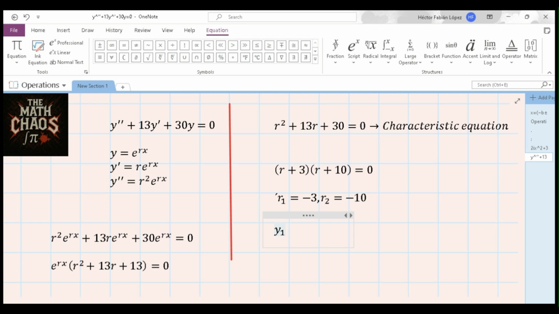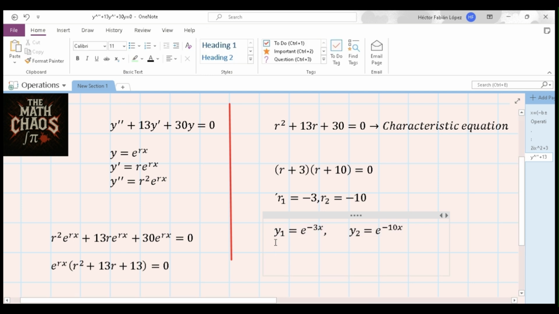The first function, y1, is going to be e to the negative 3x, and for the second r we found, y2 is equal to e to the negative 10x.